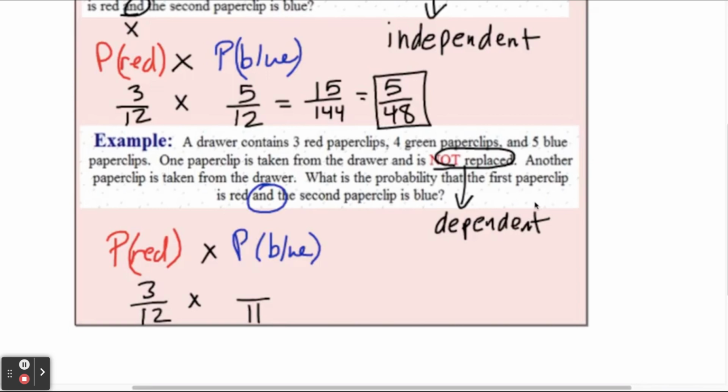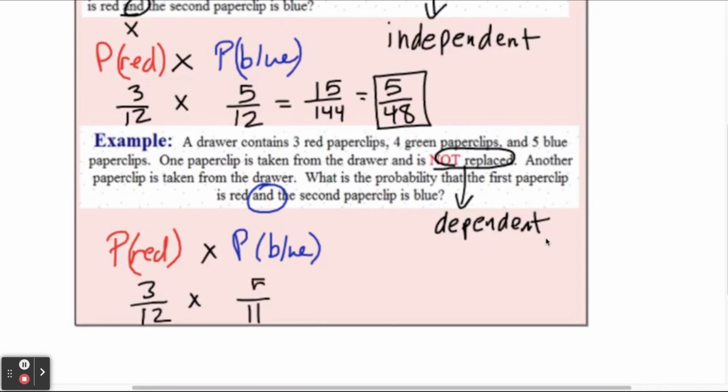So you don't necessarily need to try and memorize the difference between independent and dependent, but just think through these problems logically. If I start with 12 paper clips and I take one out, then I only have 11, and that's going to change my probability.